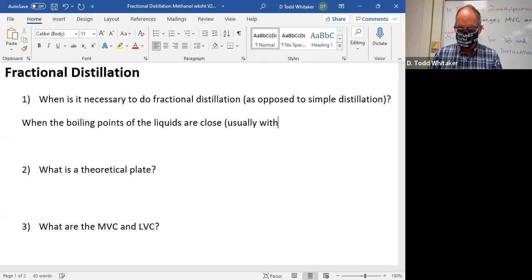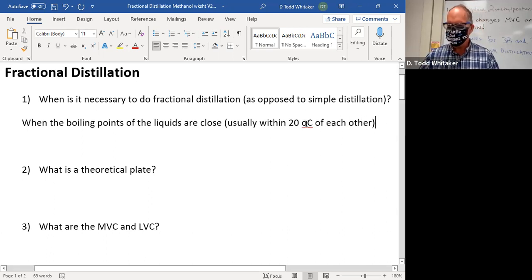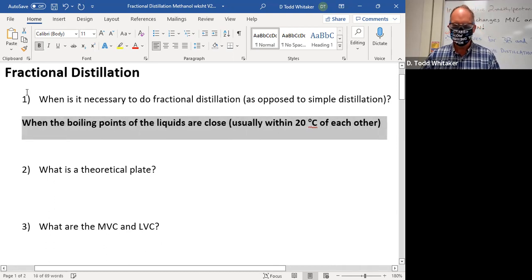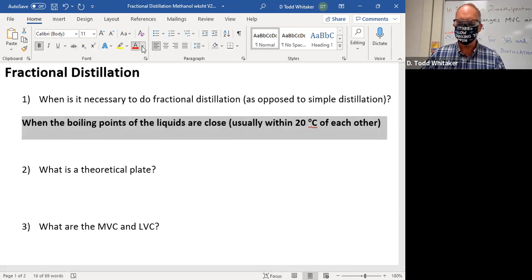Usually within 20 degrees Celsius of each other. And that needs to be a superscript. There we go. Answer to a question. Bold and red, of course.